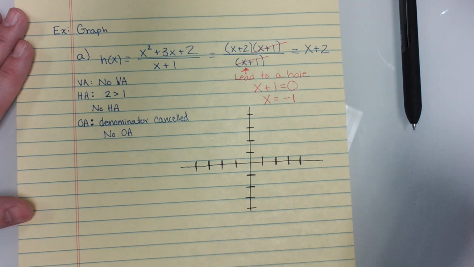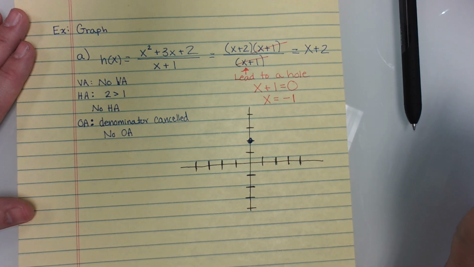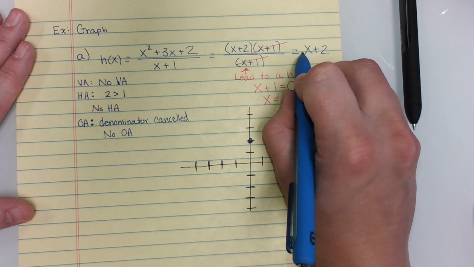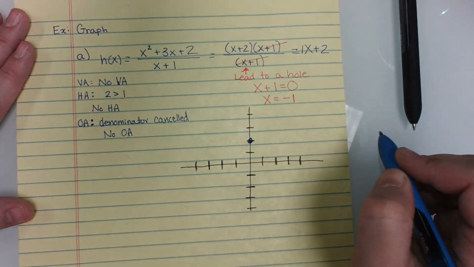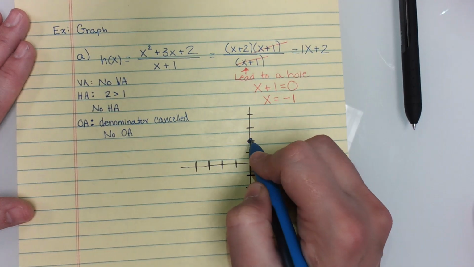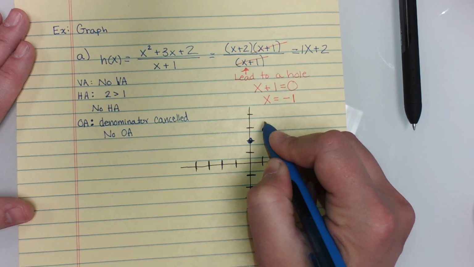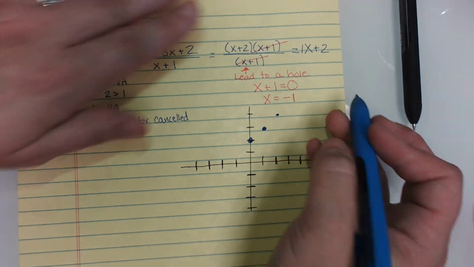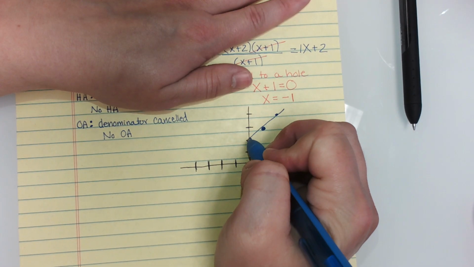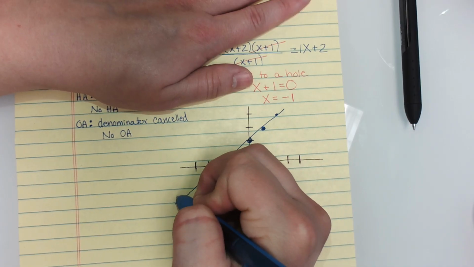What's the y-intercept of x plus 2? 2. What's the slope? 1. How do I move with the slope of 1? Rise 1, run 1. A graph looks like this, almost.